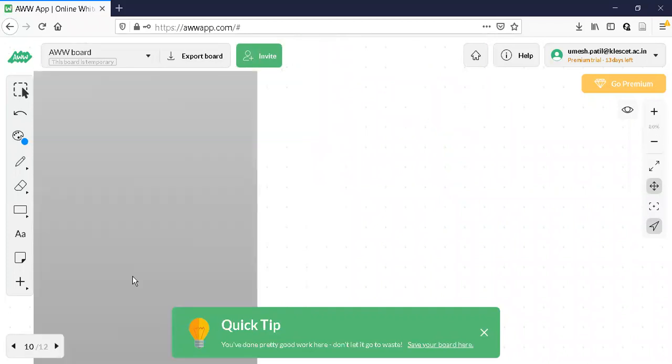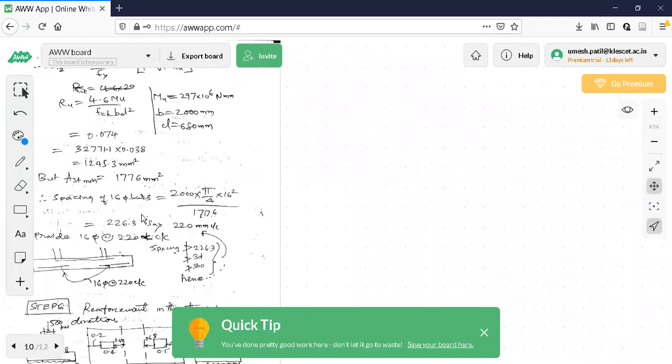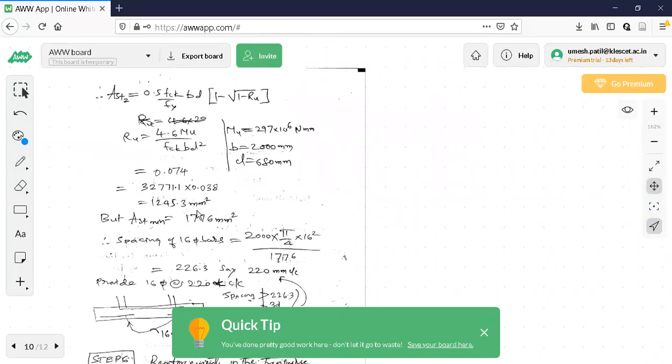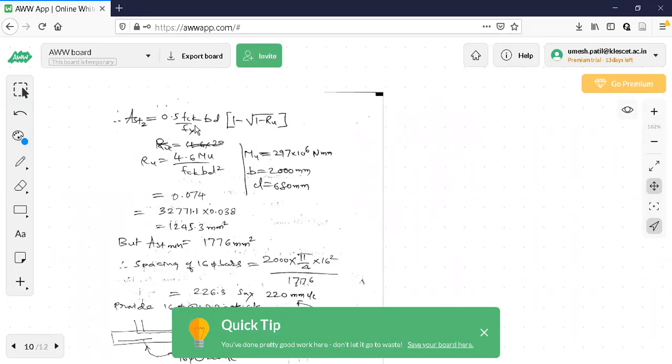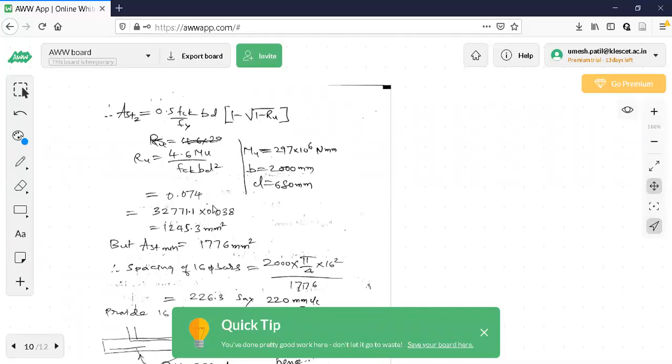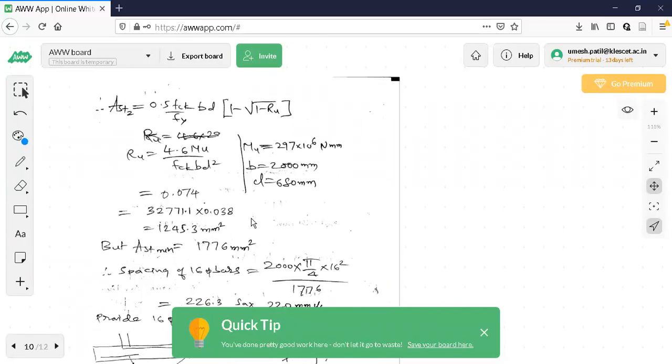Observe here. So AST2 is calculated like this. Everything is same: 1 minus square root of 1 minus RU. Here MU is 297 into 10 raised to 6, so RU is 4. I don't want to explain all this calculation again and again. Just substitute all these values.